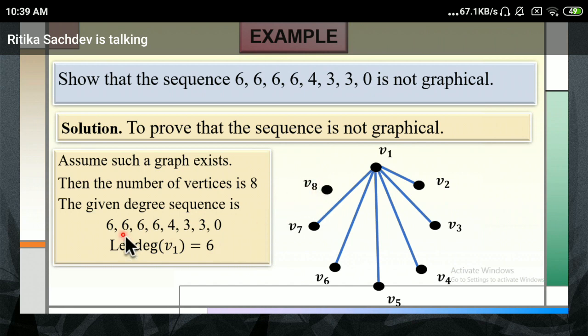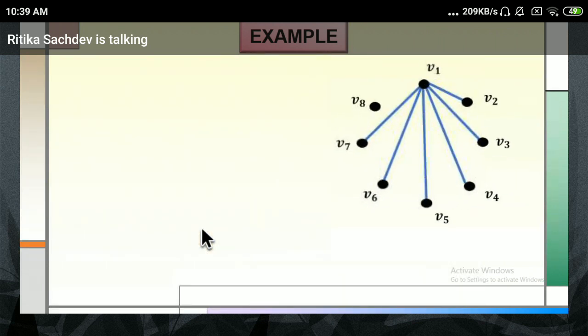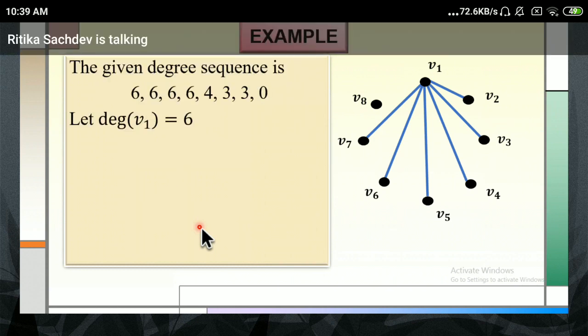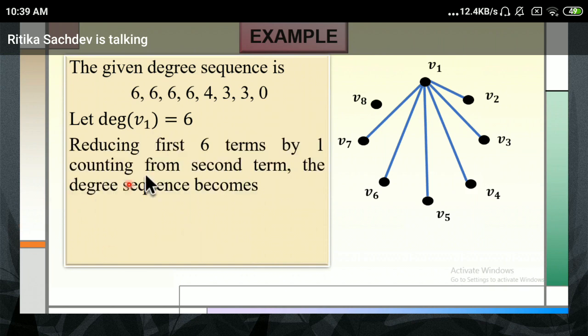That means I am subtracting 1 from the second vertex through 6 vertices: 1, 2, 3, 4, 5 and 6. Since the given degree sequence was this and degree of V1 was 6, reducing the first 6 terms by 1, counting from the second term, the degree sequence becomes this.